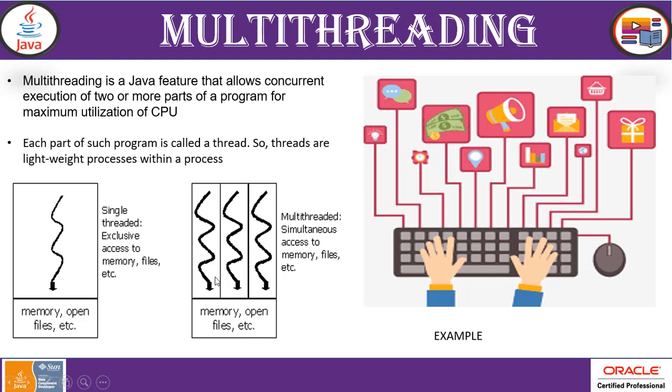All these three threads are in the same heap memory with different address locations. This is how we can take care of memory utilization for maximum use of the CPU. So this is the biggest benefit of multi-threading: maximum utilization of CPU.